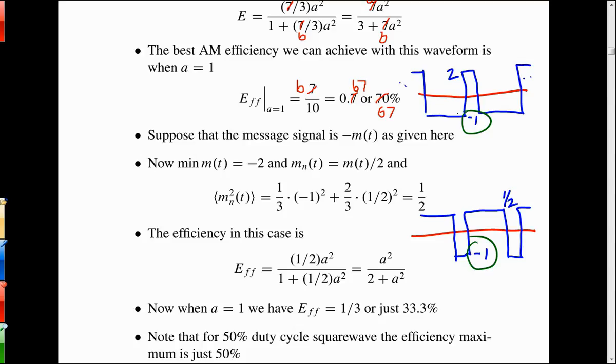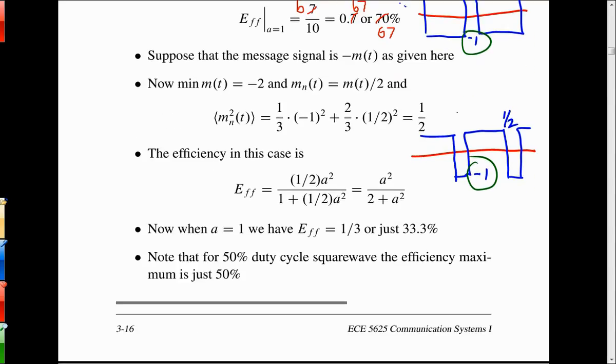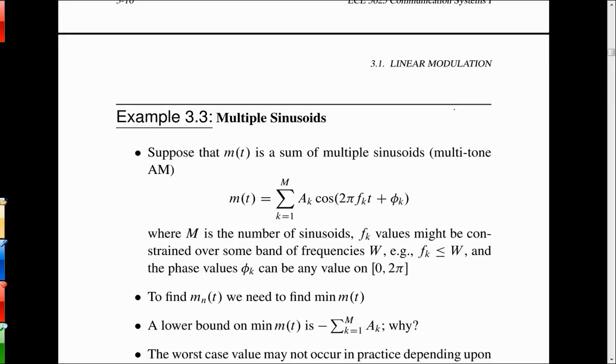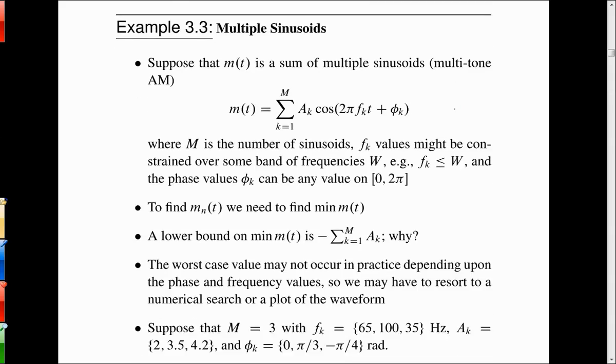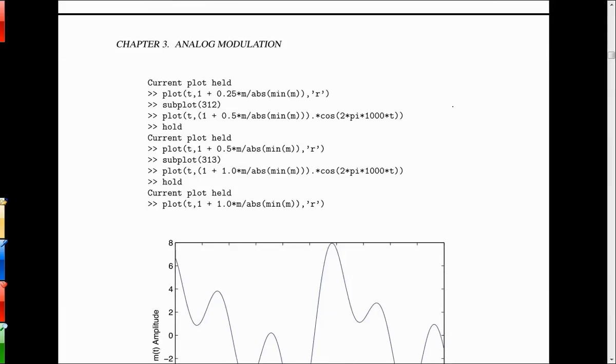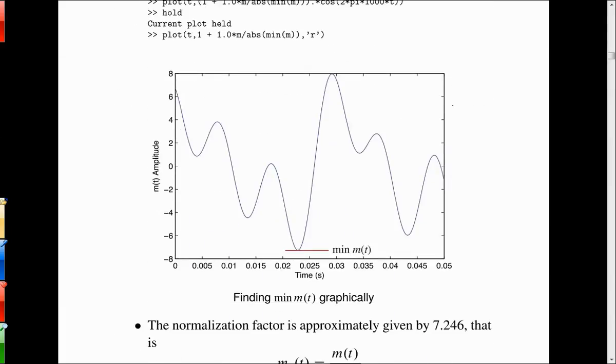With regards to the exam, though, the types of calculations that most likely you would have to do would not be this sort of anomalous condition, but would more likely be what was in this example over here with the multiple sinusoids that we were talking about last time, where you've got more than one sinusoid, so you don't know what the minimum value is going to be, and you have to go through and find it, and then you use that in your calculation.